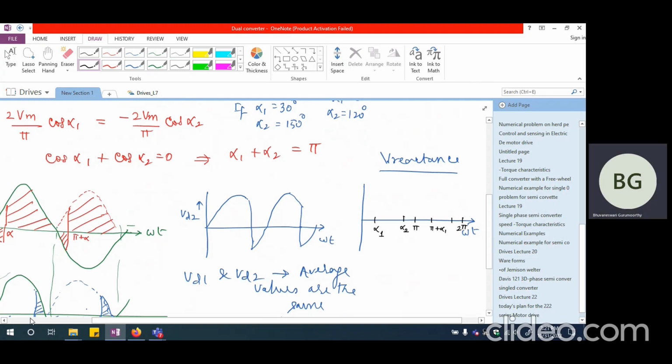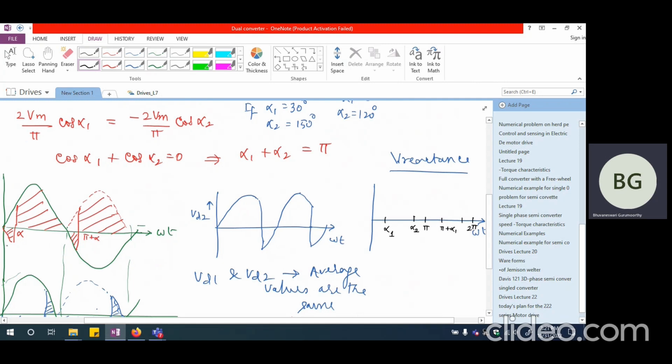If you look at the voltages, initially VD1 is negative, whereas VD2 is positive. So you are going to have a huge voltage coming up as VD1 minus VD2. Because this is zero voltage, so also is this zero voltage.